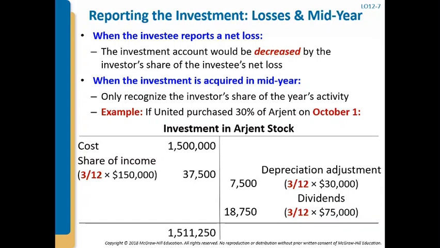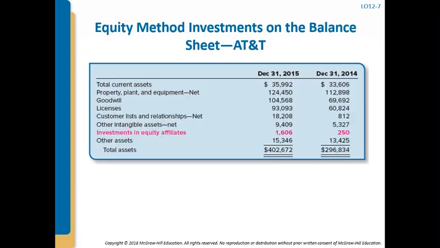So here, if we purchased these shares at October 1, you'd simply take your portion of the year that you own the stock times the annual income to come up with your share of the income. And of course, the same goes for dividends. The same goes for any depreciation adjustment. See what the equity method investment looks like on the balance sheet.